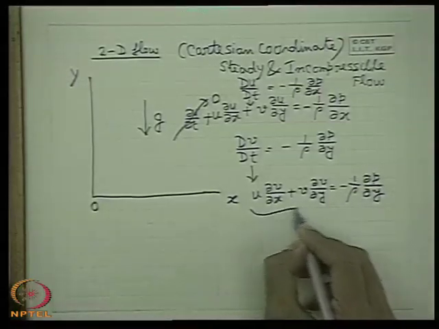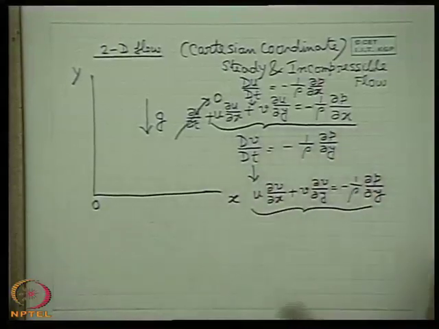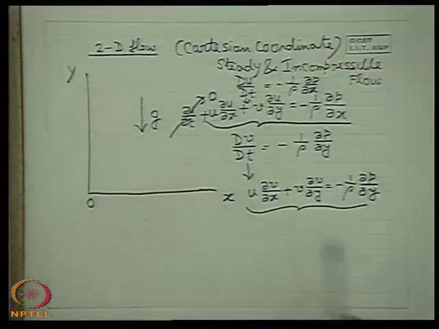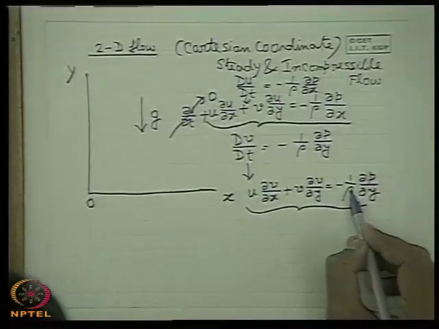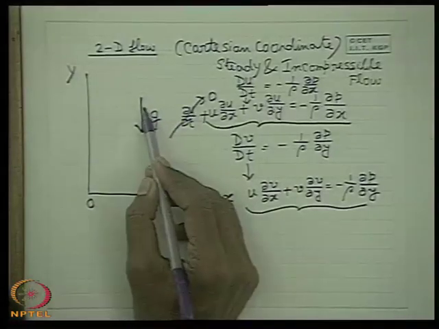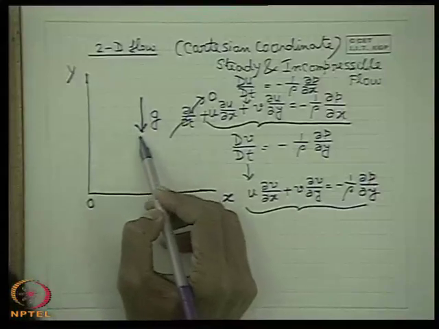So these two equations are the equations for incompressible steady flow in a two-dimensional Cartesian coordinate system. Of course, here I am wrong: here g is also acting. We have considered the y-axis such that vertically upwards is positive, so g is in the negative direction.